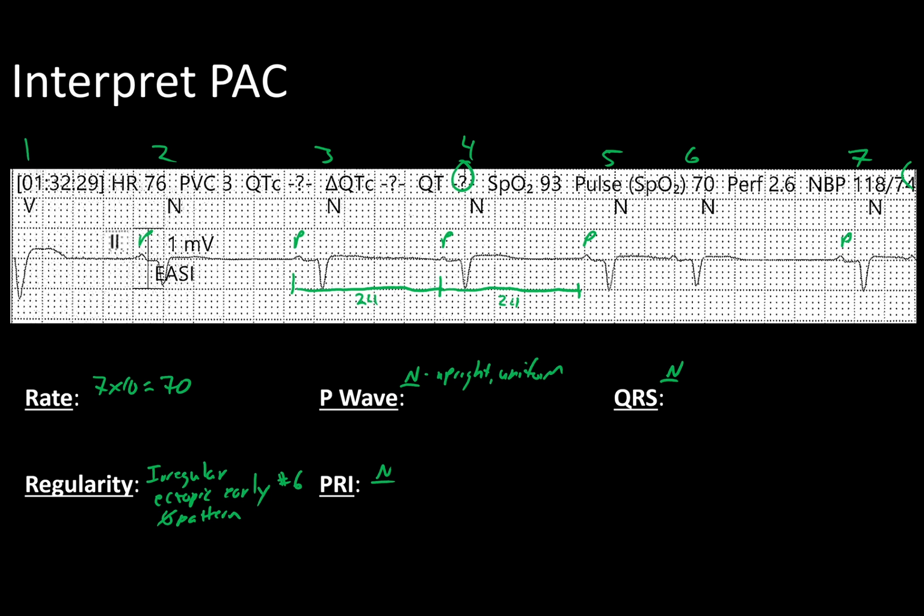So we've got that and that going for us. So that seems regular. And I have 1 P for every QRS.